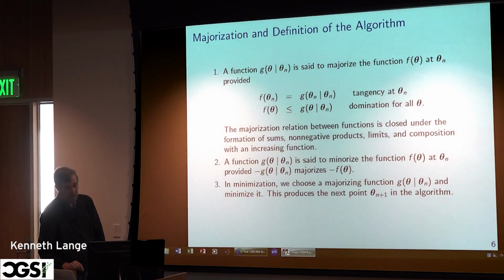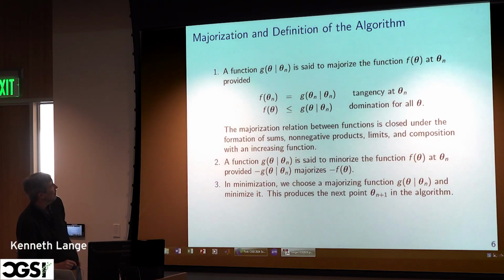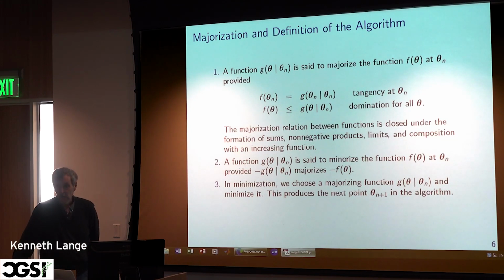So the idea is rather simple. f of x is your objective function. You're trying to, in this case, we'll talk about minimization. You're trying to drive it downhill. So you create this surrogate function, g, which is anchored at a current iterate, theta n. So n is iteration number.